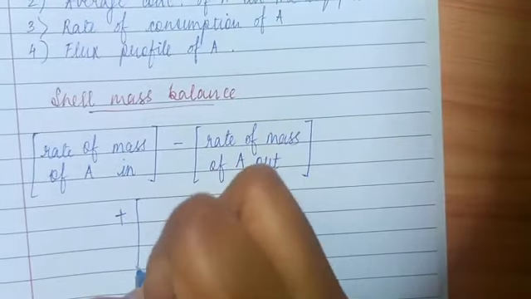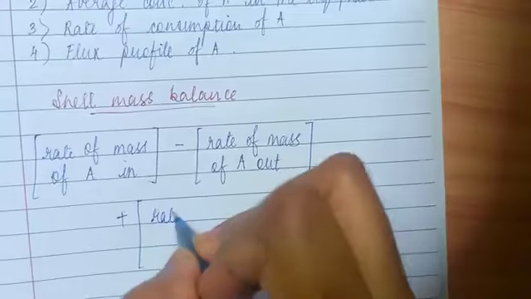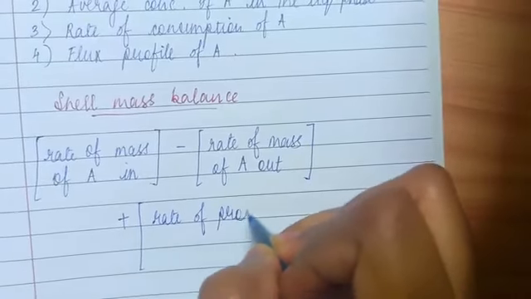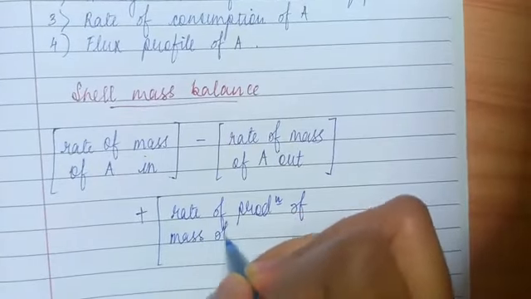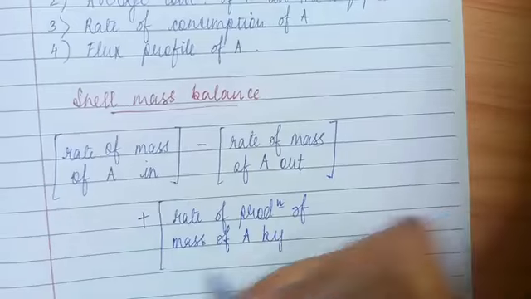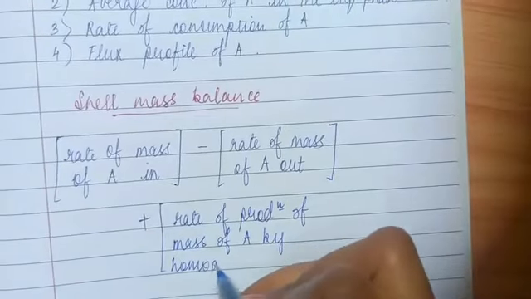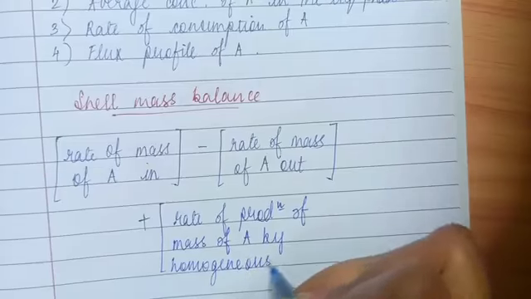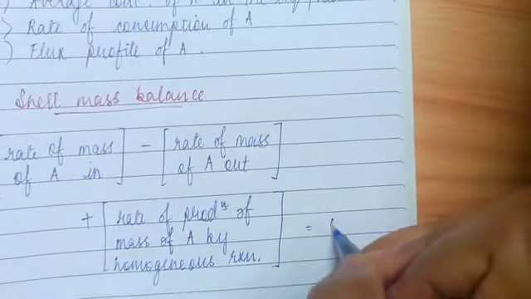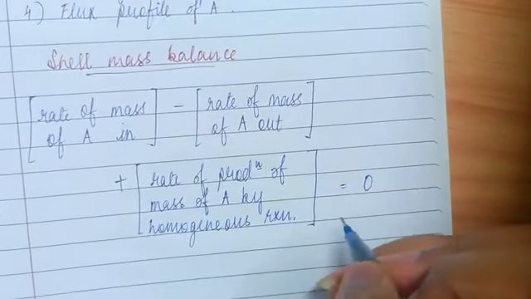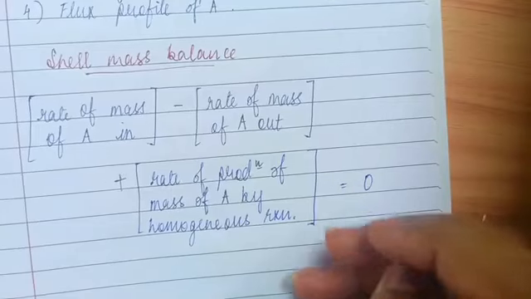plus rate of production of mass of A by homogeneous reaction, since it's mentioned in the question that it is an irreversible and homogeneous chemical reaction.